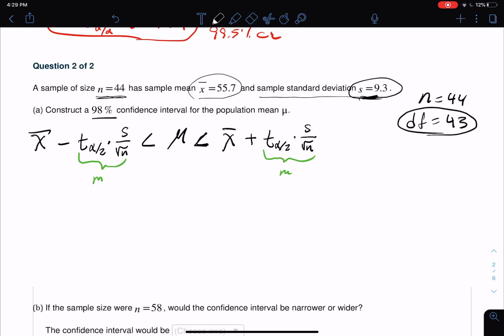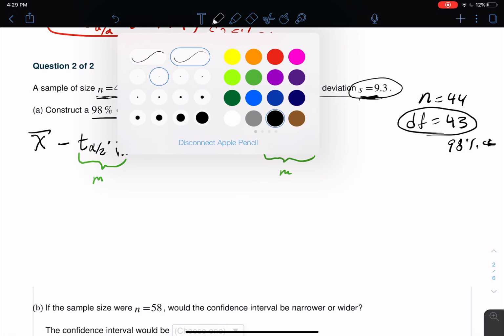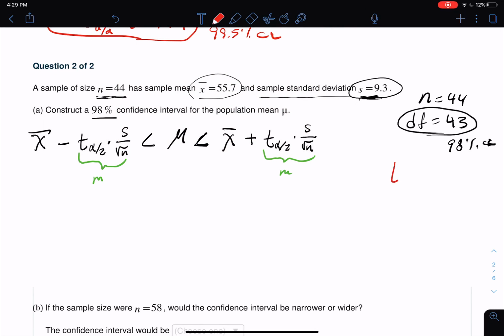That's important, and we have a 98% confidence level. We need to come up with a t-value, and we can do that by using this information right here, right? 98% confidence level at 43 degrees of freedom.